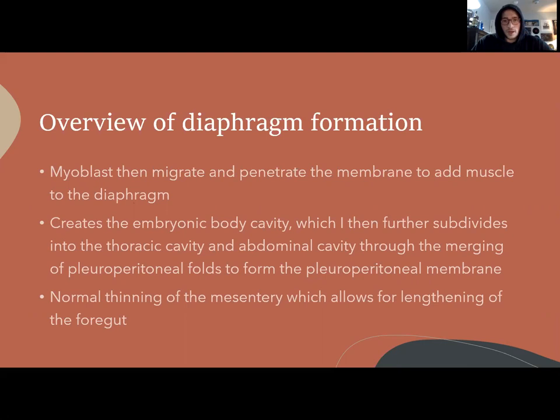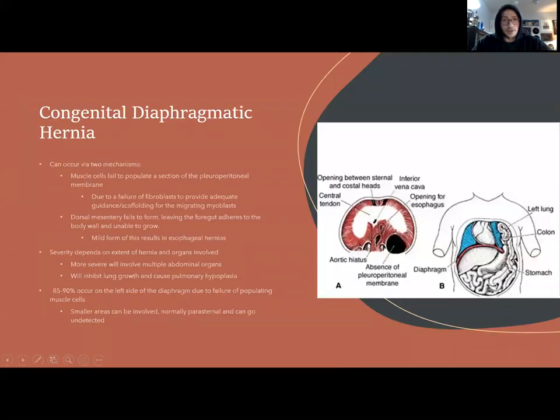So in a normal development, the mesentery that holds the foregut to the posterior body wall thins and becomes the dorsal mesentery, which allows for the esophagus to elongate and stretch. And if it does not happen correctly, so let's say that mesentery never forms and the esophagus stays strictly adhered, the stomach is going to herniate through the diaphragm, which is what we're talking about, diaphragmatic hernias. So there's 2 different mechanisms in which this can occur.